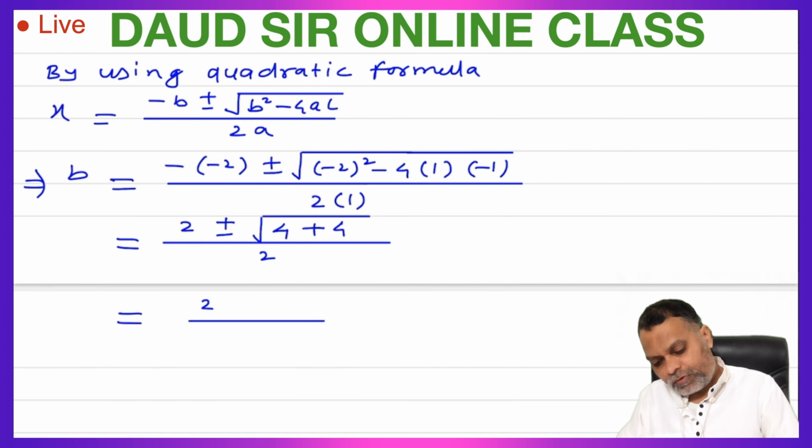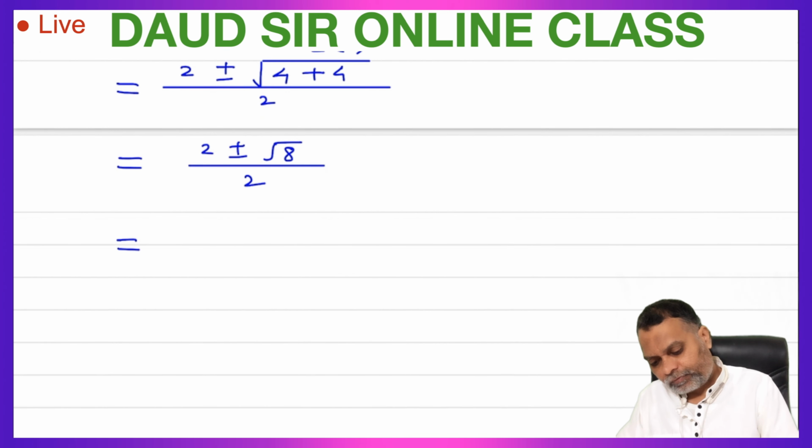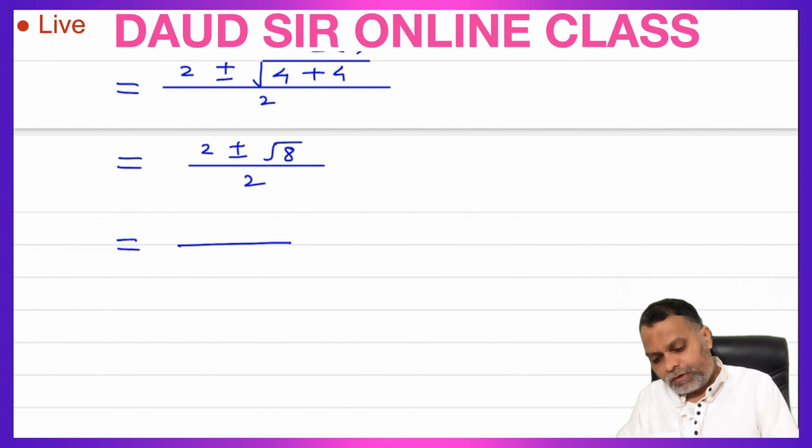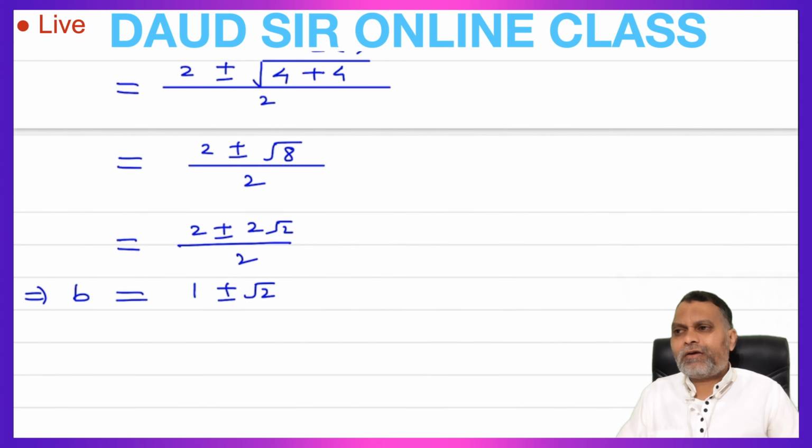So this is 2 plus minus under root 8 upon 2, which is equal to 2 plus minus, 8 can be written 2 root 2, upon 2, dividing by 2. So 1 plus minus root 2. So b is equal to 1 plus minus root 2.